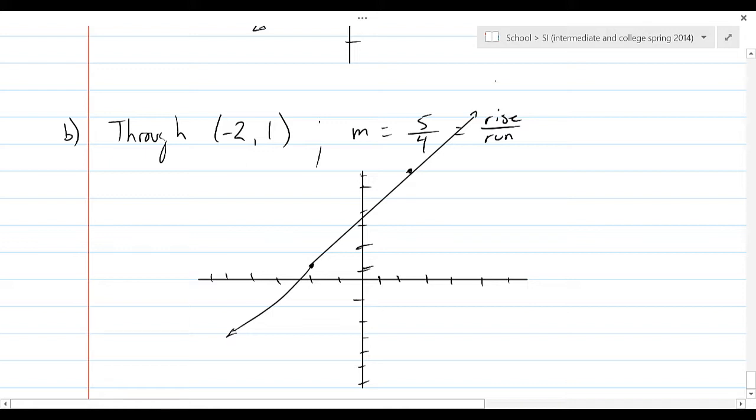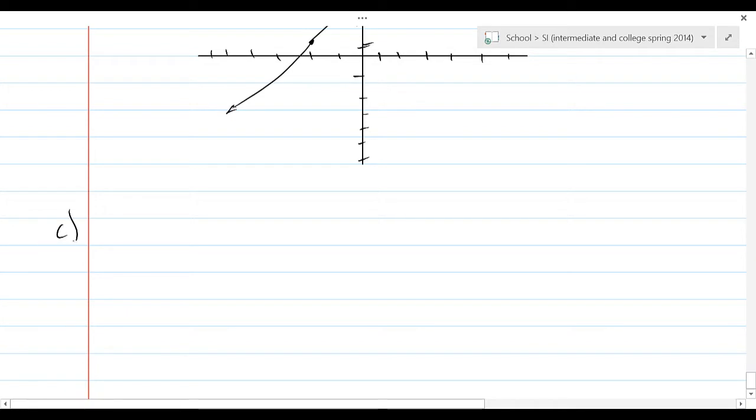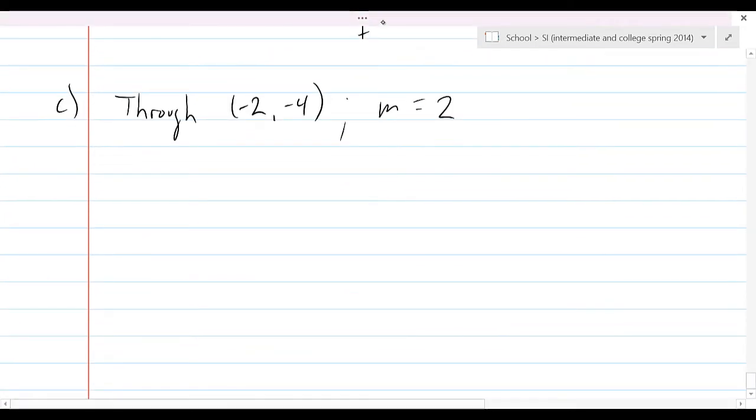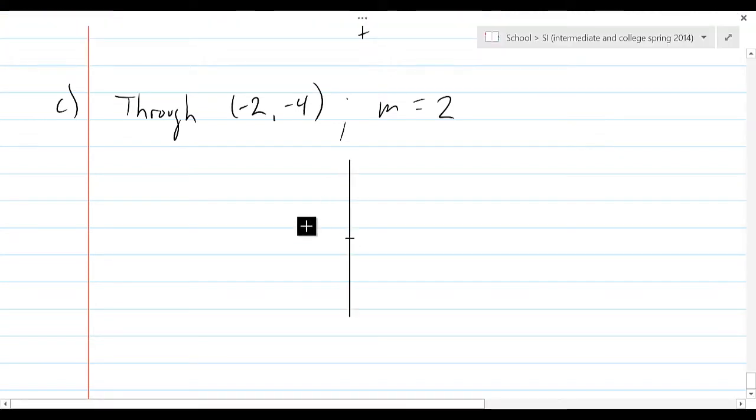Good. Now let's try part C. We've got a line passing through negative 2, negative 4, with a slope of 2. Let's go ahead and make our graph again. This is kind of fun making that graph.